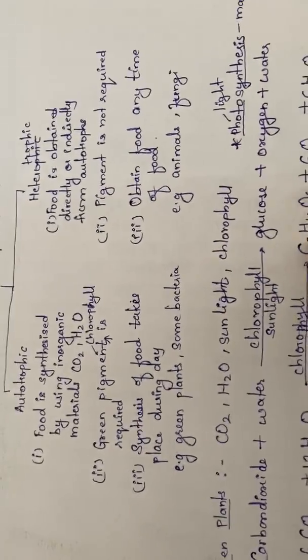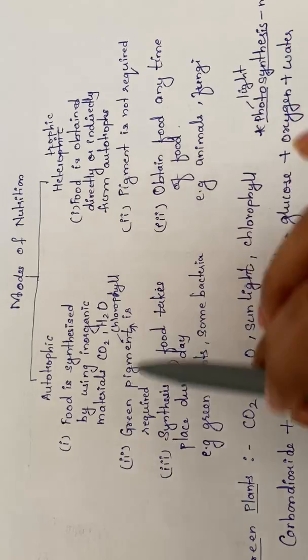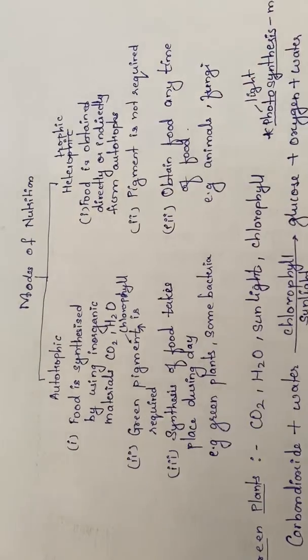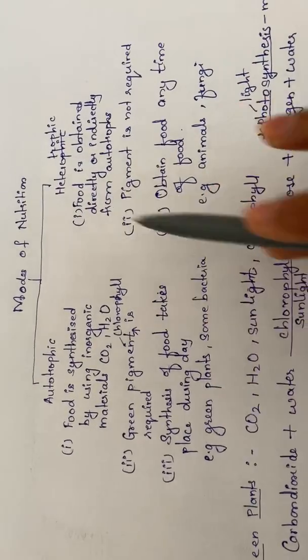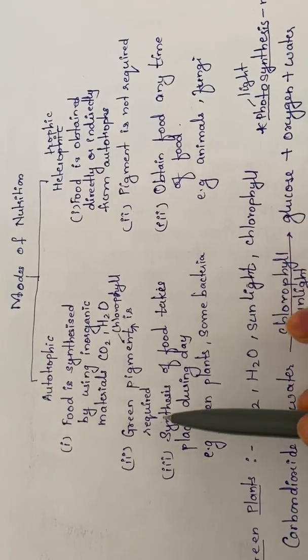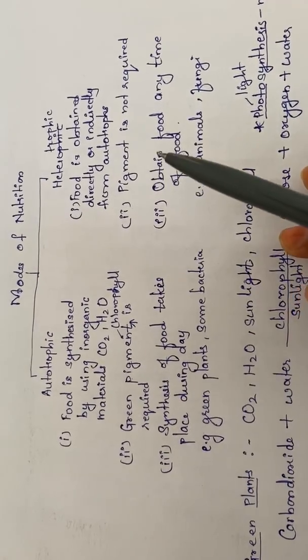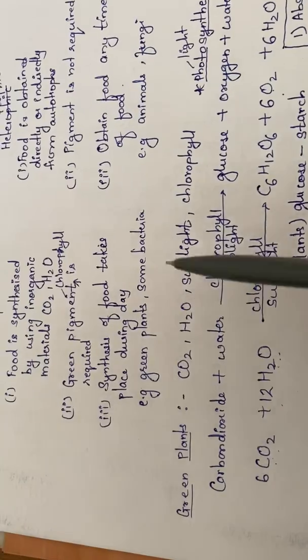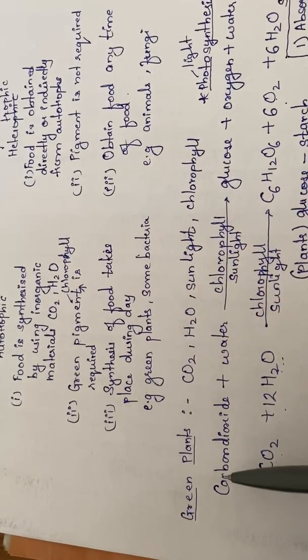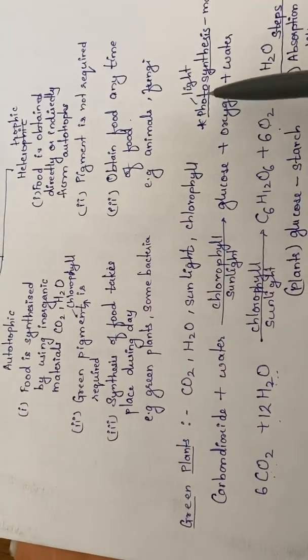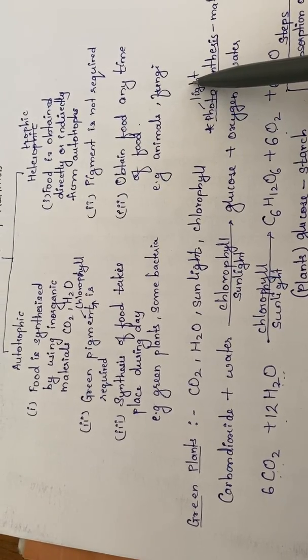Let us quickly revise the difference between the autotrophic mode of nutrition and the heterotrophic mode of nutrition. We have also done this in the notebook, so learn these differentiation points. Now, the autotrophic mode of nutrition in green plants is called photosynthesis, as it takes place in presence of light.